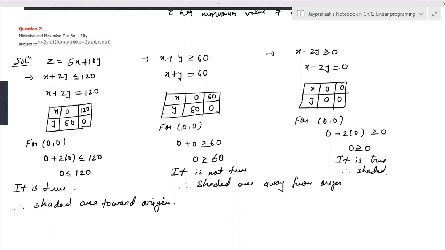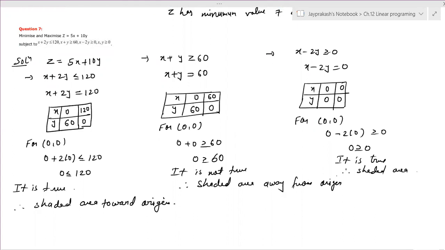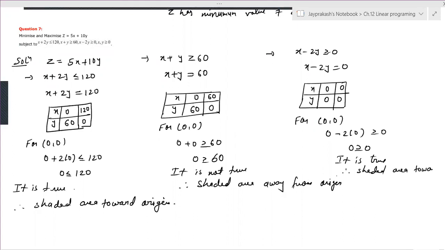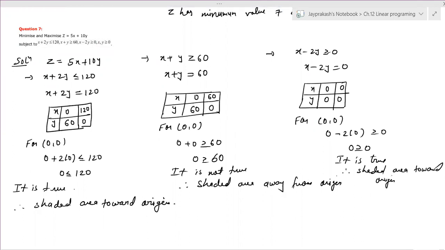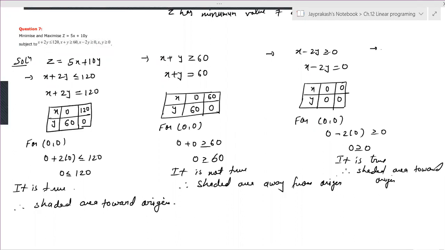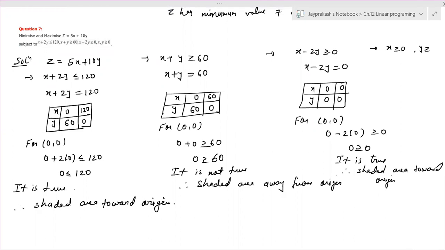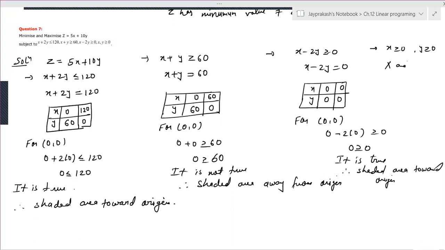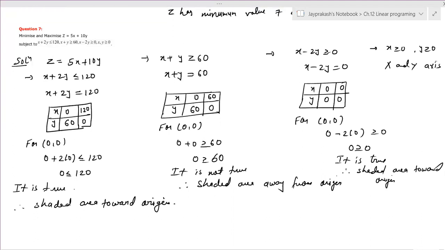Therefore, shaded area is toward origin, or you can write as toward the axis. Now the remaining two equations are x greater than equals to 0 and y greater than equals to 0. So these are representing x and y axis.